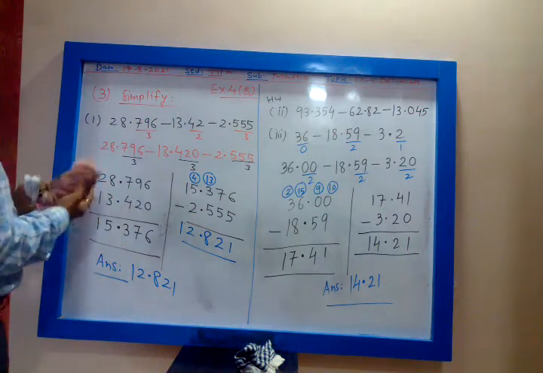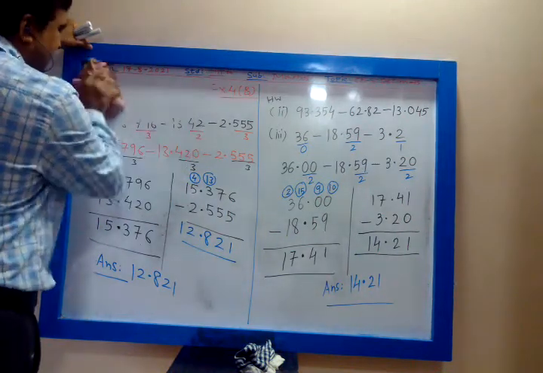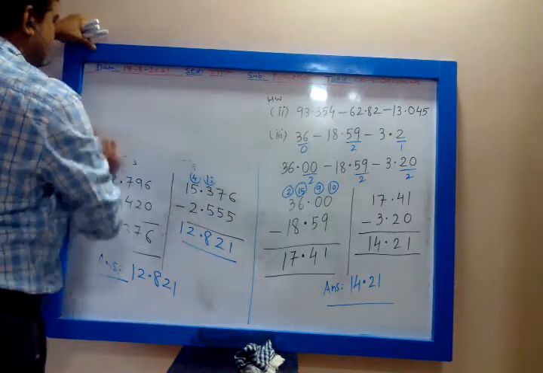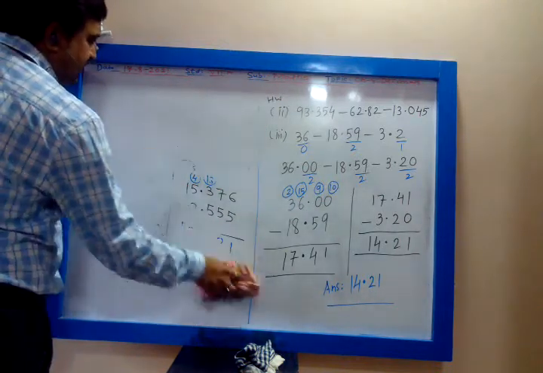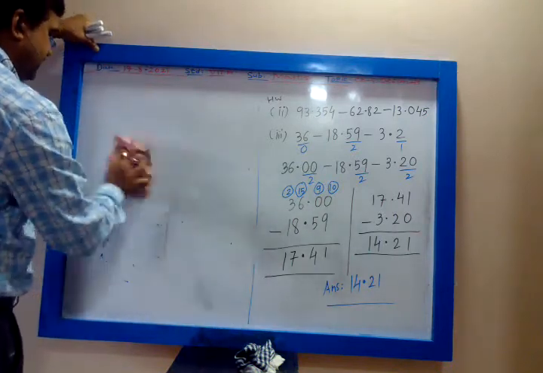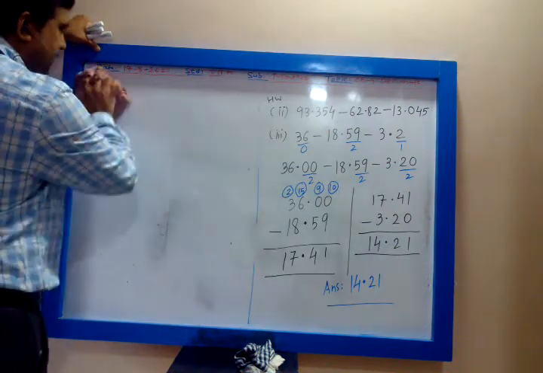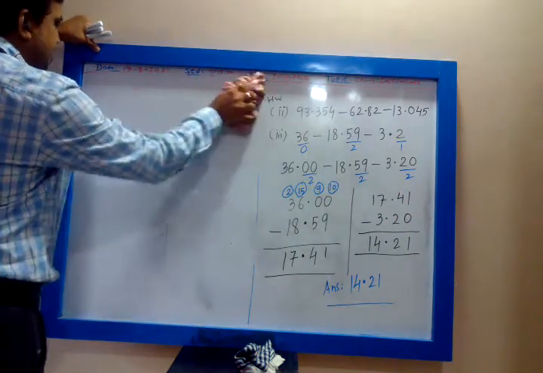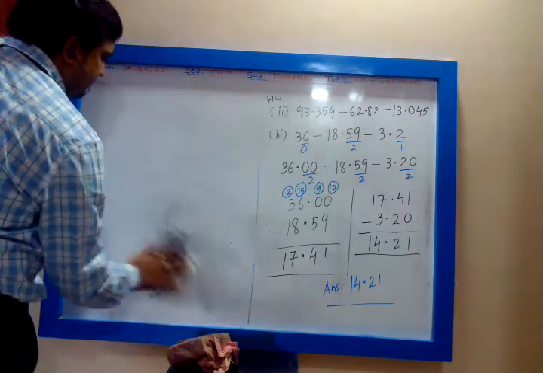So the important part is you have to convert unlike decimals into like decimals, and after that you have to perform operations, addition and subtraction. So your first job is to convert unlike decimals into like decimals.